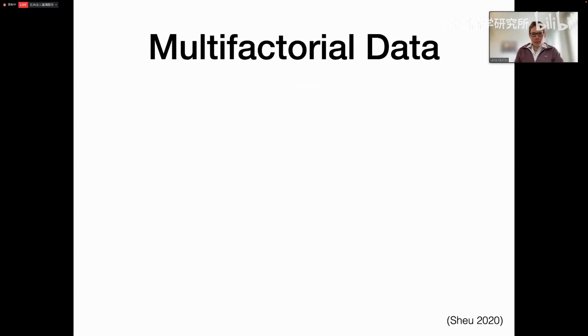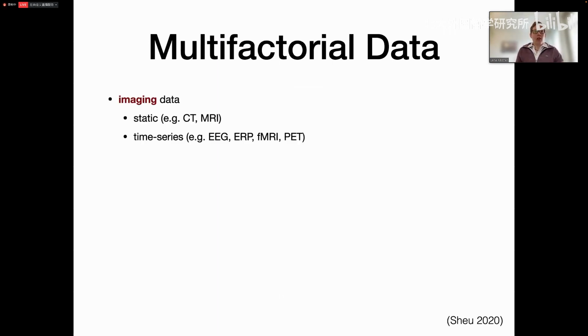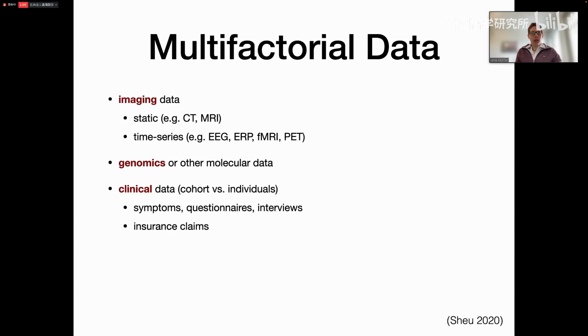Anyway, so notably, real-world data on these various factors can take various different forms. So for instance, you could have imaging data, which is static from CT or structural MRI scans, but you could also have time series data, such as EEG, ERP, fMRI, or PET scans. Then, in addition to that, you could have genomics or other molecular data. You could have clinical data based on cohort data or individual data.